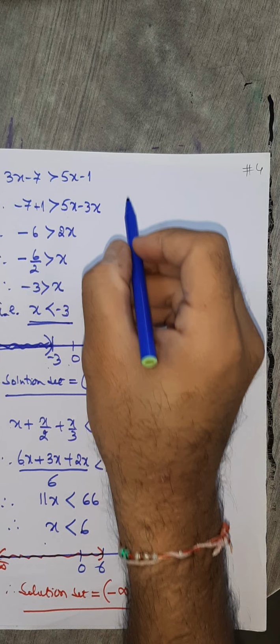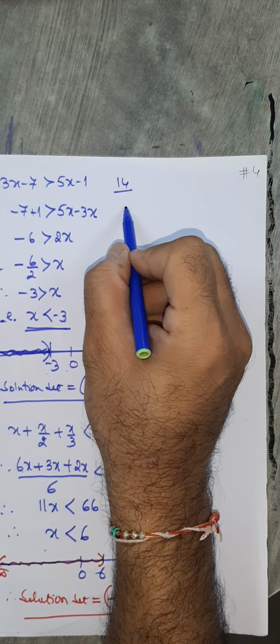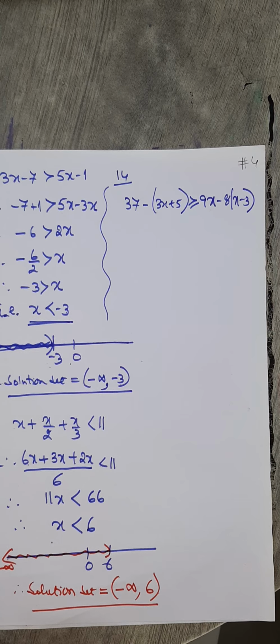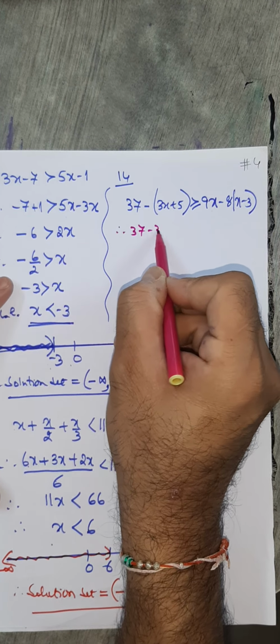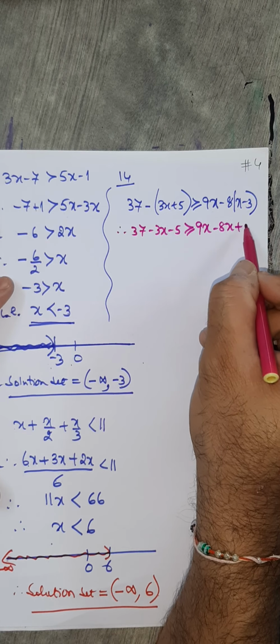Okay. Now same way, let me go to the next question, let's go to 14. So there in the 14th question, you have 37 minus 3x plus 5 is greater than or equal to 9x minus 8x minus 3. This is the question. So we'll just simplify here. Therefore 37 minus 3x minus 5 is greater than or equal to 9x minus 8x plus 24.